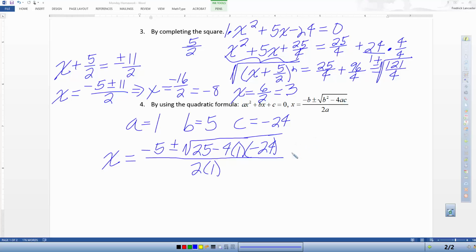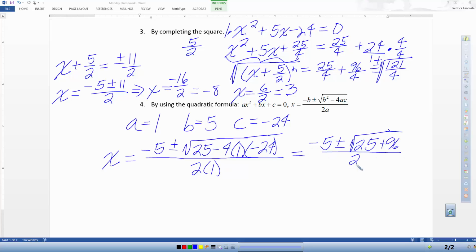So we have negative 5 plus or minus, so this is negative times negative, and 4 times 24 we found out was 96. So this is 25 plus 96, and 2 times 1 is just 2.